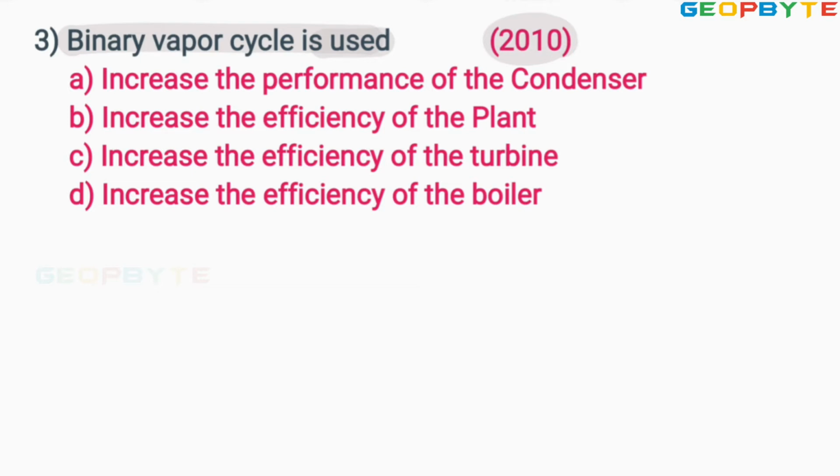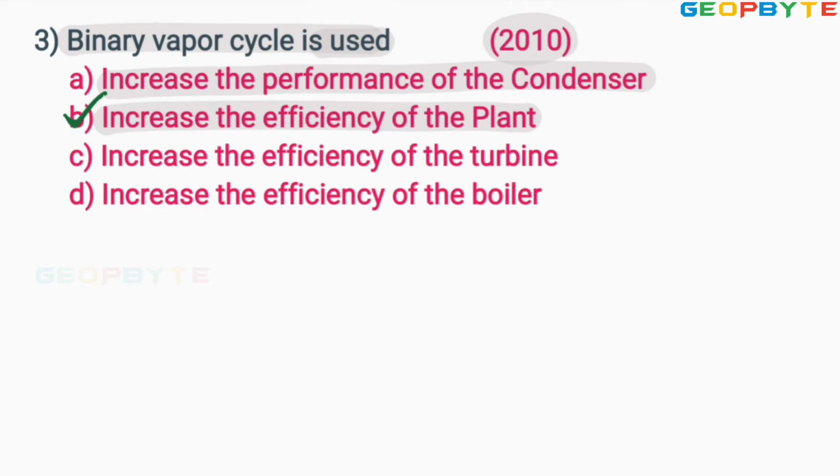Therefore, the binary vapor cycle always maintains better efficiency or better performance. Look at the options. Option A, increase the performance of the condenser. No. Increase the efficiency of the plant. Absolutely correct. For increasing the efficiency of the plant, generally the binary vapor cycle is selected.